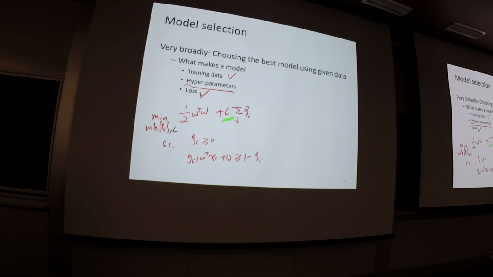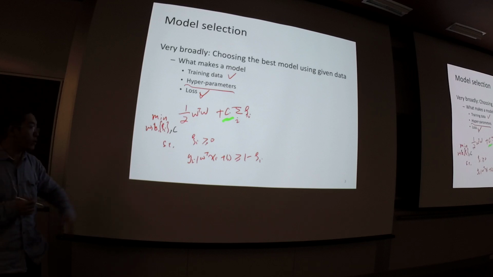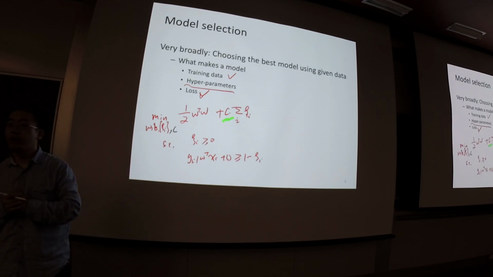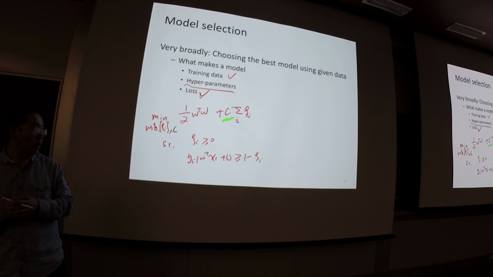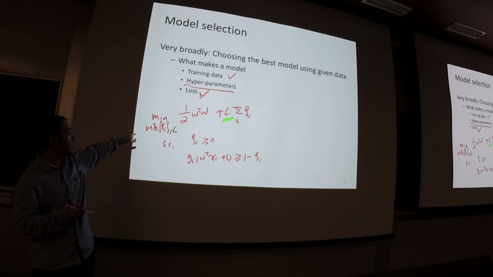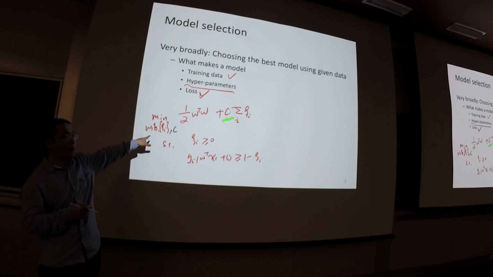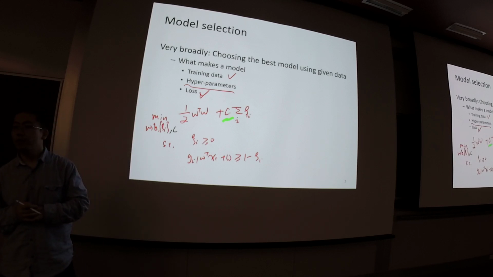Any ideas? Give me a guess. I want to know the best C here. We know C is a hyperparameter, but I'm thinking whether I can optimize C just like we optimize w, b and the slack variables.